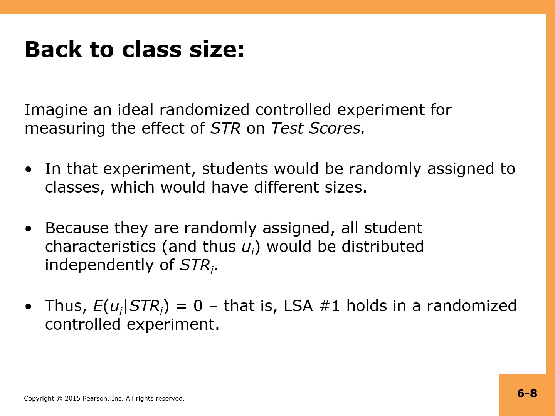And because students are randomly assigned, all student characteristics, or the u_i, would be distributed evenly. So this means that the expected value of u_i given STR is equal to 0, which means least squares assumption number 1 actually holds in a randomized controlled experiment.